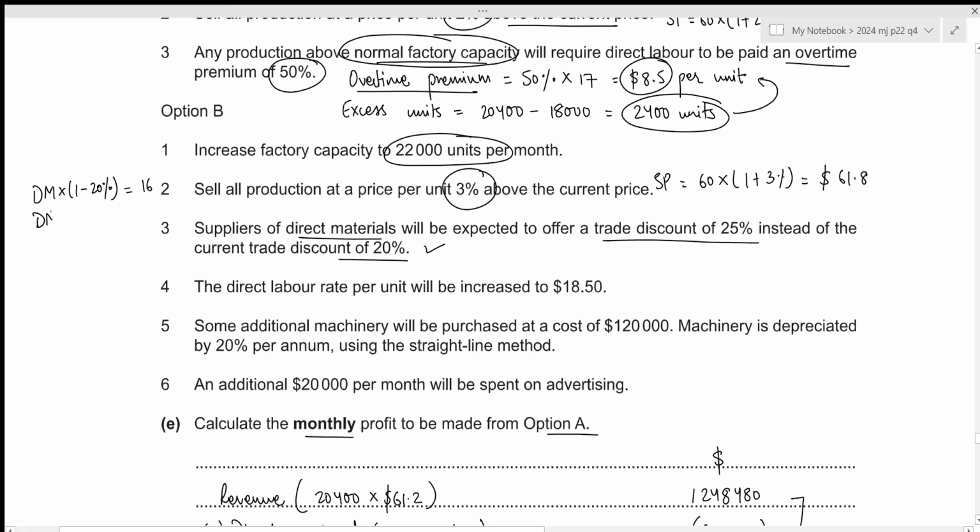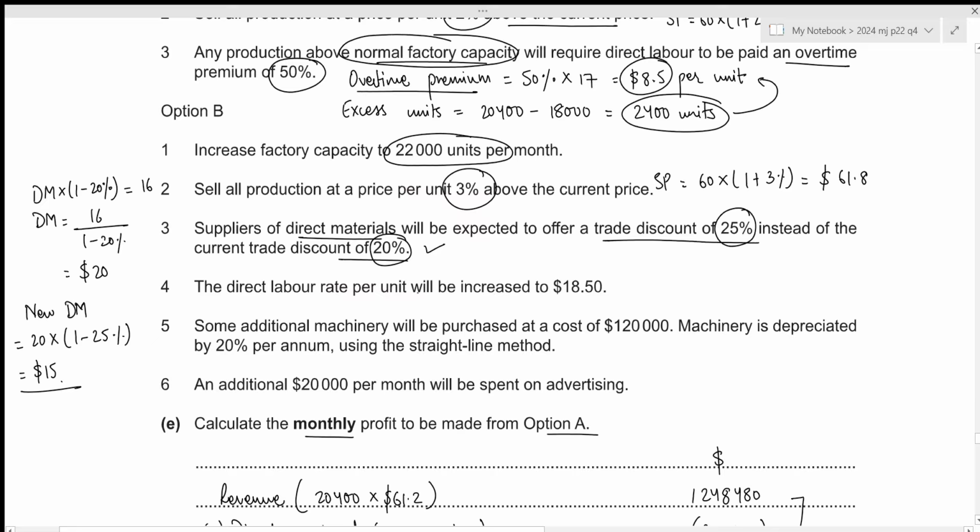So the original direct material is 16 divided by 1 minus 20%, which results in a value of 20 per unit. Now, instead of the current trade discount of 20%, we will be getting a trade discount of 25%. So the new direct material price per unit will be equal to 20 times 1 minus 25%, which results in the value of 15. So this is the new direct material per unit.